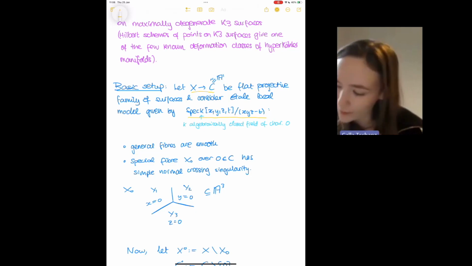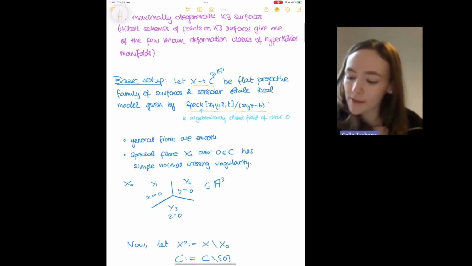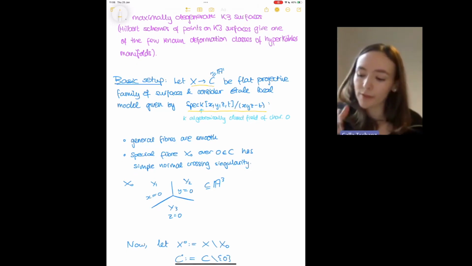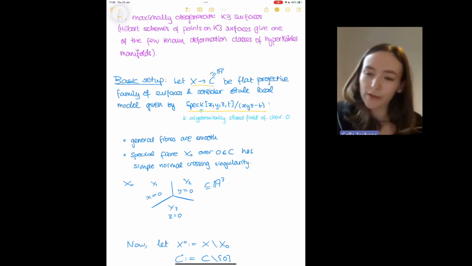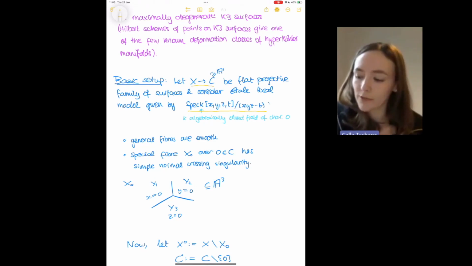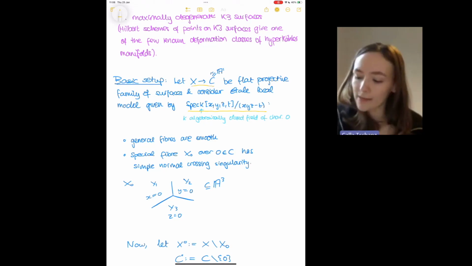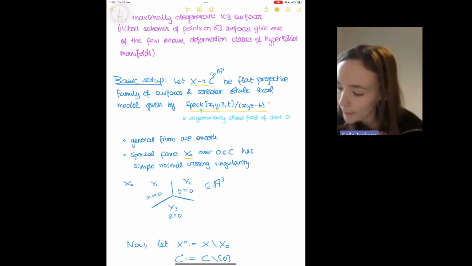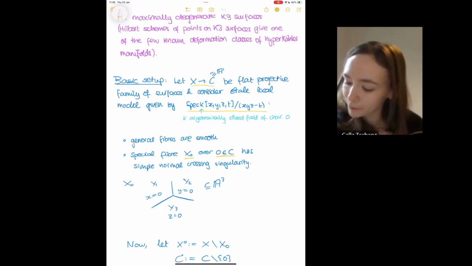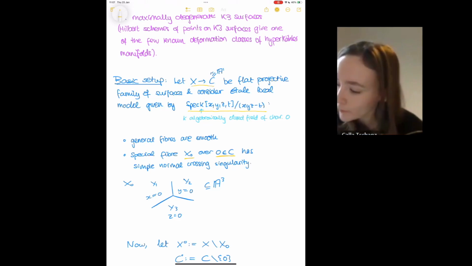So this is Spec K[x, y, z, t] quotiented by xyz minus t. What that gives us is a family of surfaces where the general fibers are smooth. Like in the K3 situation, it would just be smooth K3 surfaces. And then the special fiber, X0 over the 0 point in C, has singularities, and they're simple normal crossing type singularities.